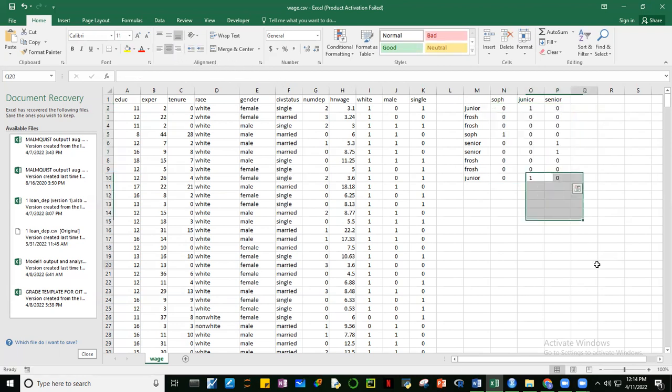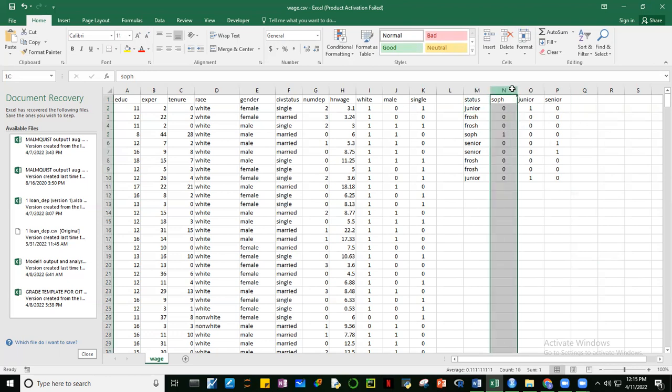Okay, let's see what happened, guys. Ito lang yung variable natin, year level, kunyari status. Okay, junior siya. Paano natin i-replace si junior? Junior will be replaced by 3 dummy variables. Lahat dito, guys, marireplace siya ng 3 dummy variables.